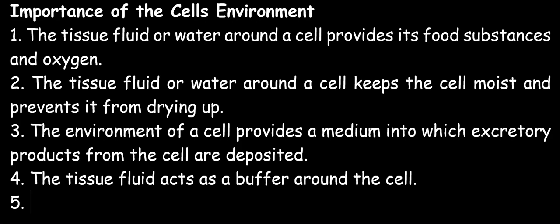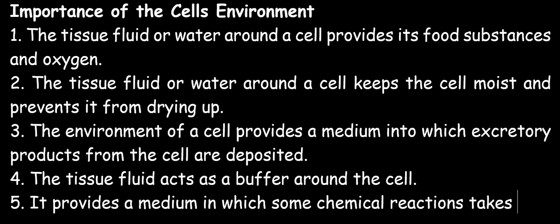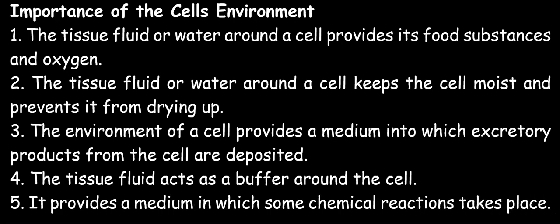Number five, it provides a medium in which some chemical reactions take place. That is, the environment around the cell provides the medium in which some chemical reactions can occur.